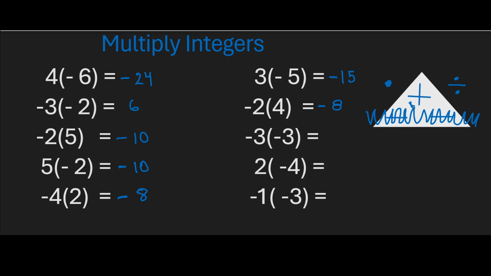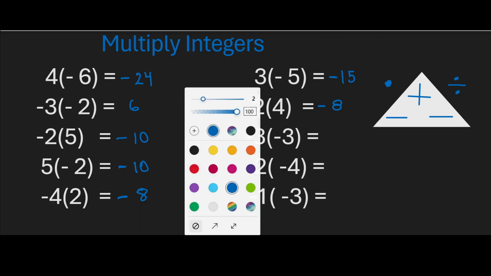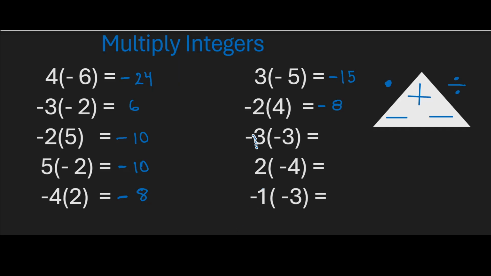Now that you know that the answer is going to be positive, what you're going to do is multiply the two numbers, and you multiply 3 times 3. The answer should be positive 9. Because it's positive, we are not going to write the sign. Okay?